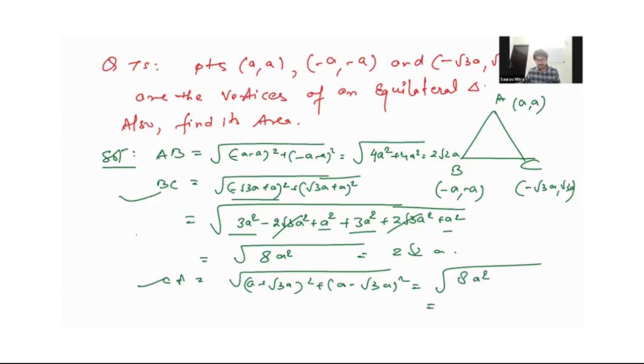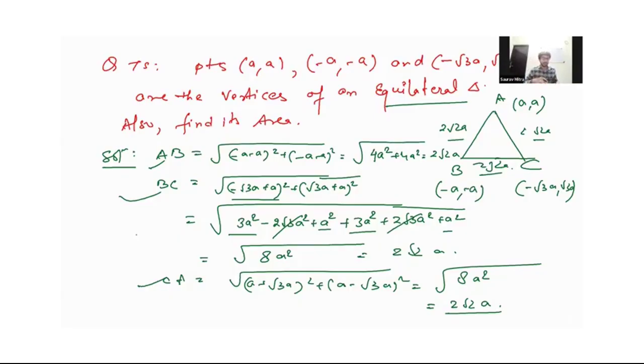After solving this, the square root is 2 root 2a. So AB, BC and CA are all equal. Therefore this is an equilateral triangle, as all the sides are equal: 2 root 2a, 2 root 2a, 2 root 2a.